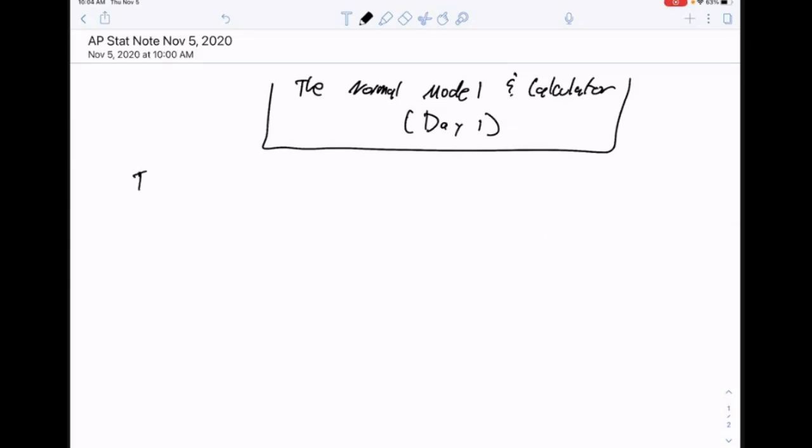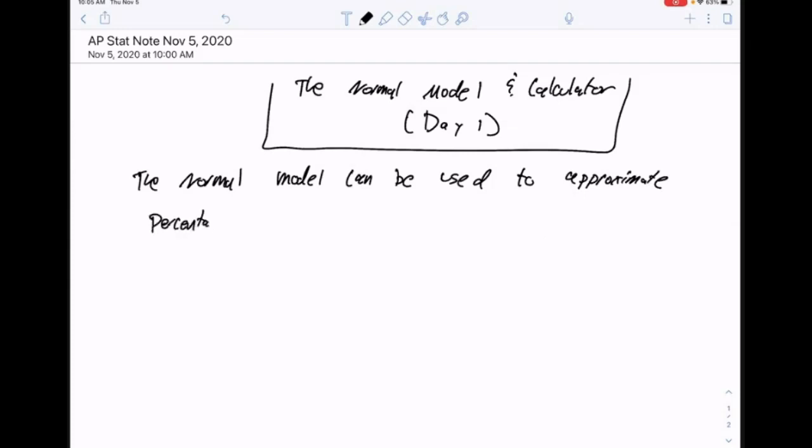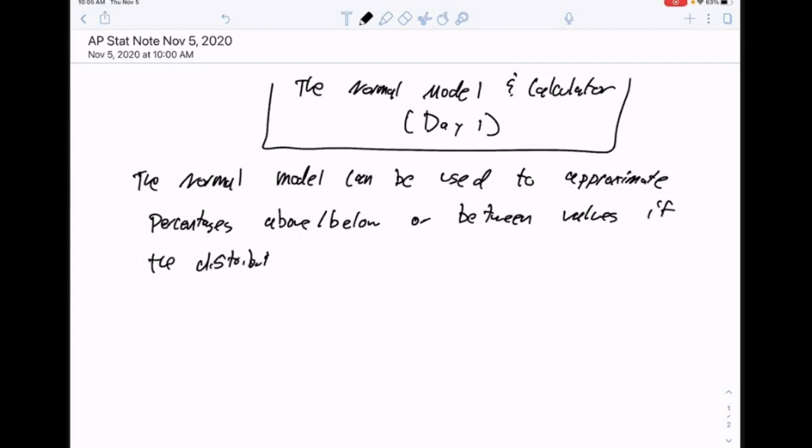So the normal model can be used to approximate percentages above, below, or between values if the distribution is approximately normal.